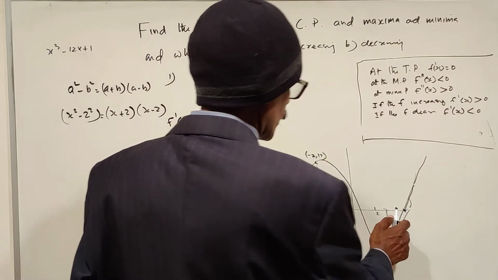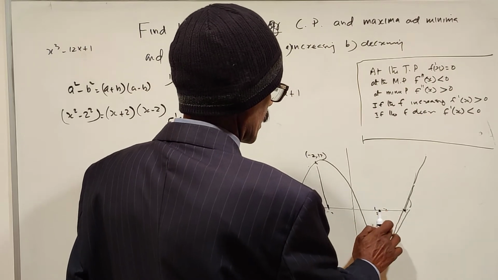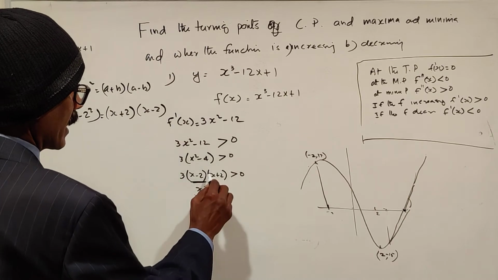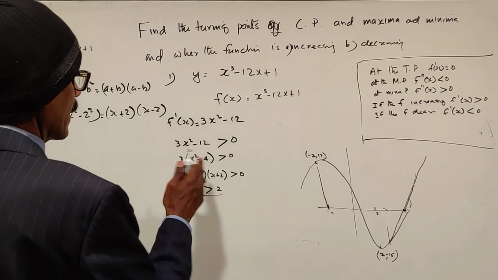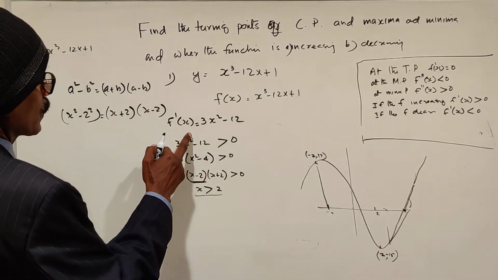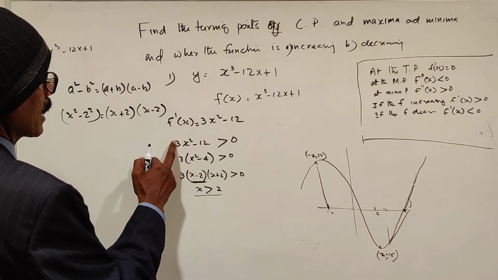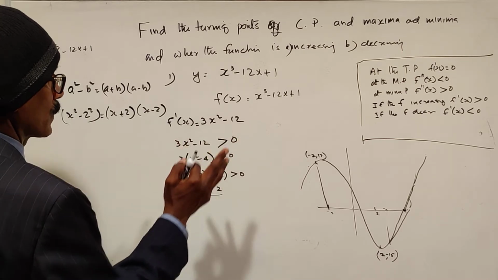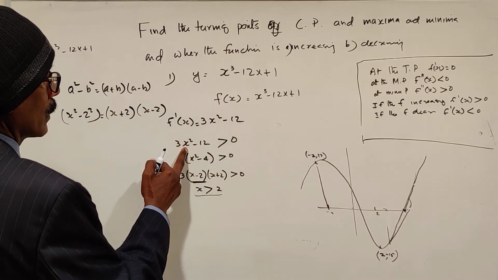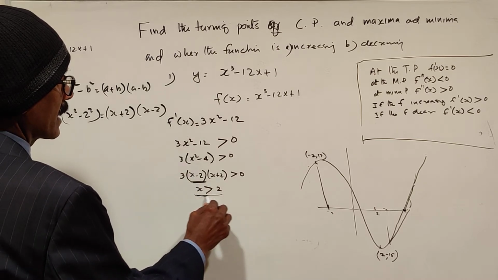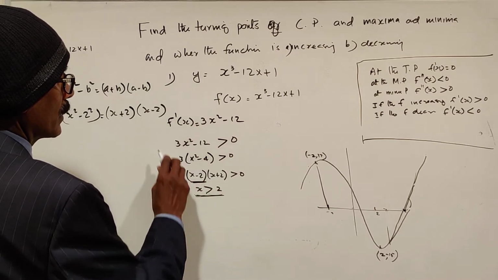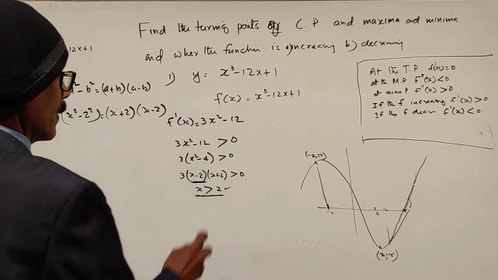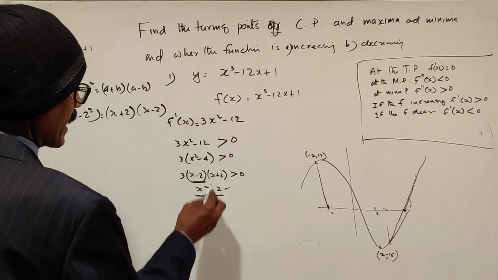So x is greater than 2. Let us check, okay. When x is greater than 2, just put 3. 3 square, 9 times 3. 9 times 3 is 27. 27 minus 12 is positive, correct. When x is greater than 2, the value of the function is greater than 0. So that is right.